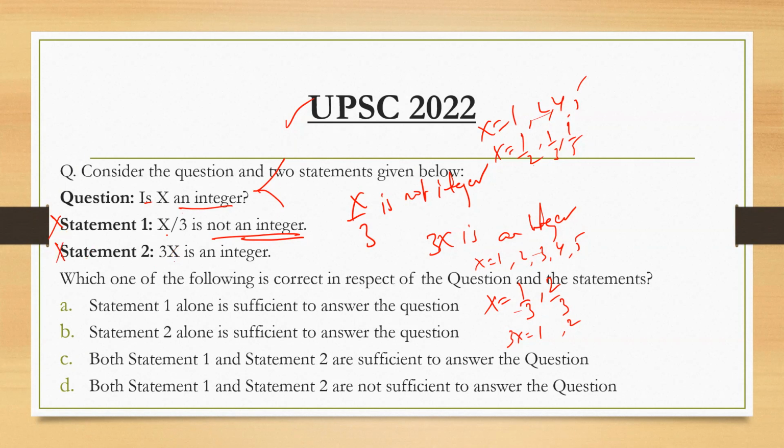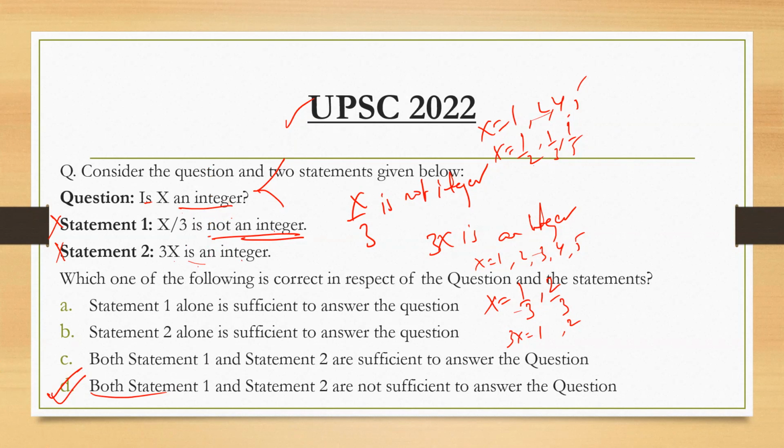Now when you combine them, x by 3 is not an integer and 3x is an integer. That will not help you in finding out the nature of x, because here it is not an integer and here it is an integer. So it is a total complementary aspect. Therefore the answer is: both together are not sufficient to answer the question.